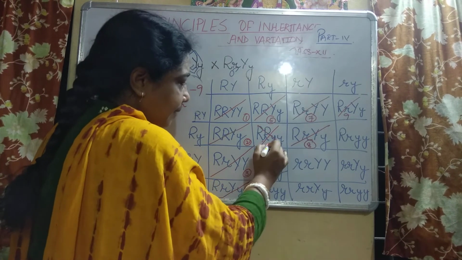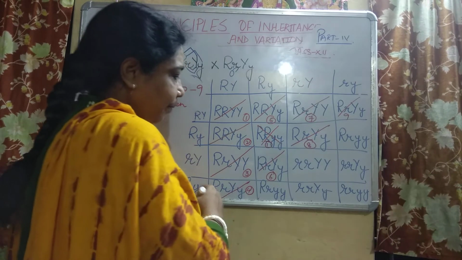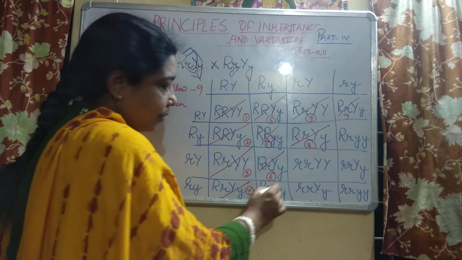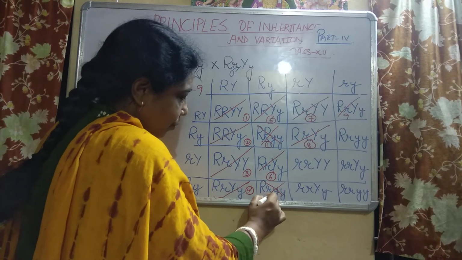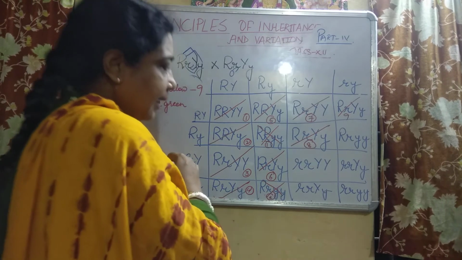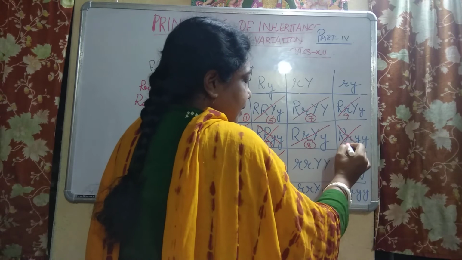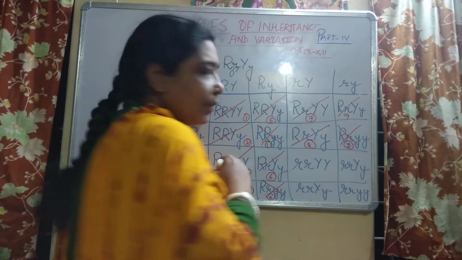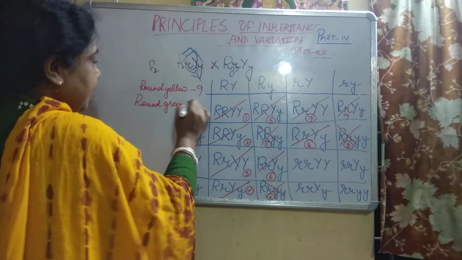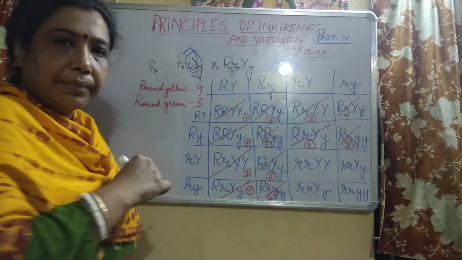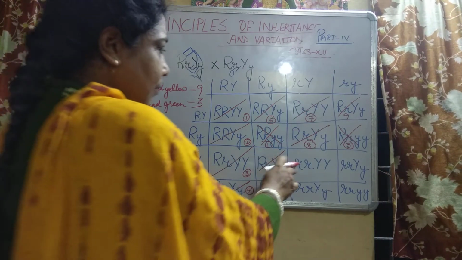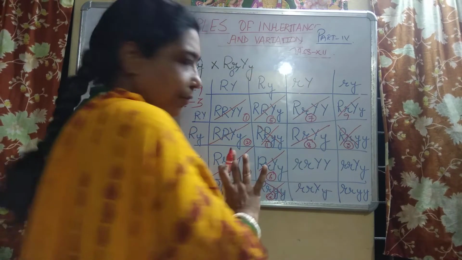So I'm putting a double cross. 1. This is also round green. 2. Okay. Now let us see. This is the third one. This is round. So how many round green, children? 3. Okay. Now we have finished this.